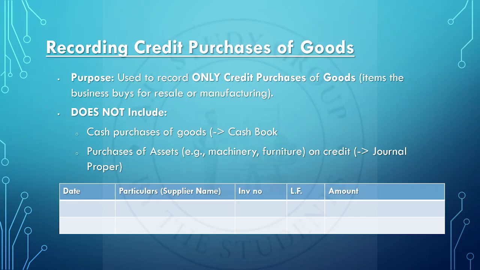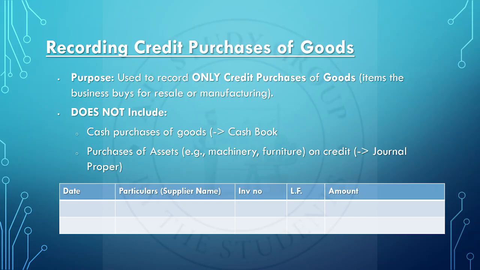Goods means the items the business buys for either resale or for manufacturing. Only those goods are recorded. Purchase of assets is not recorded in the purchase book; it goes into the journal proper. And cash purchases go in the cash book, not in the purchase book. In the purchase book only credit purchases are recorded.